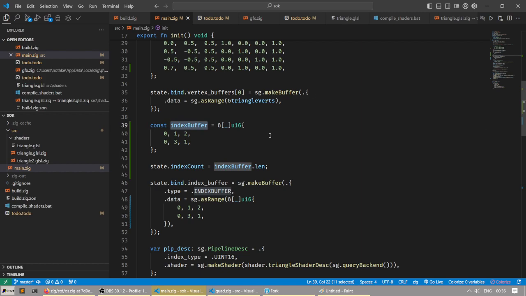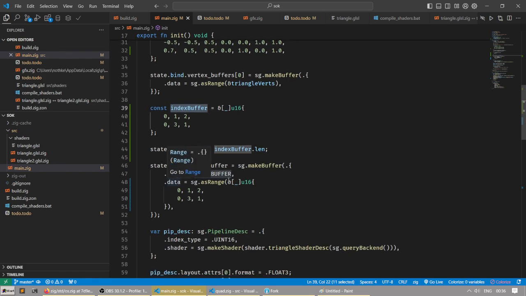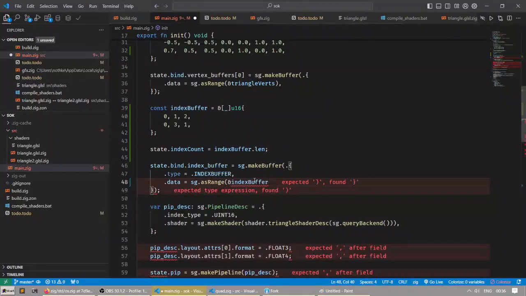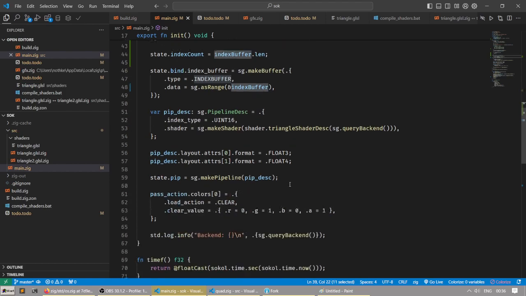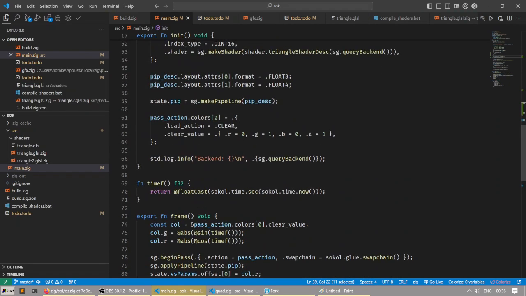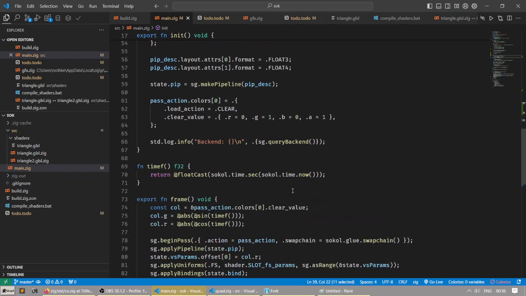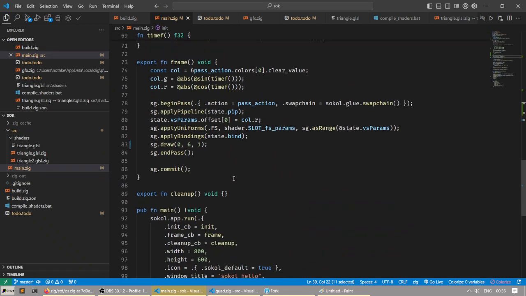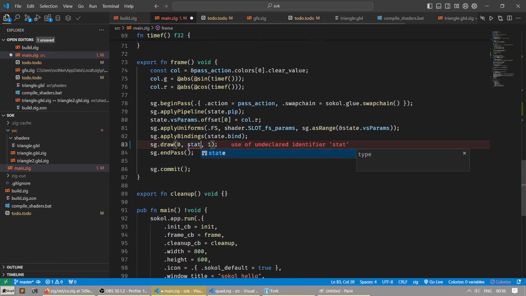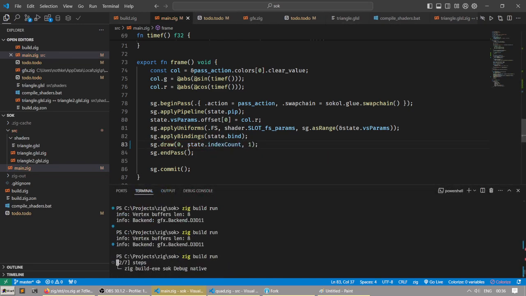So now what I can do is just plug this in and say, okay, instead of all this thing, use the index buffer. And here we go. And now I can use the index buffer dot, yeah, I can use that as the state in here, right? Say state index count. Okay, and that should work.